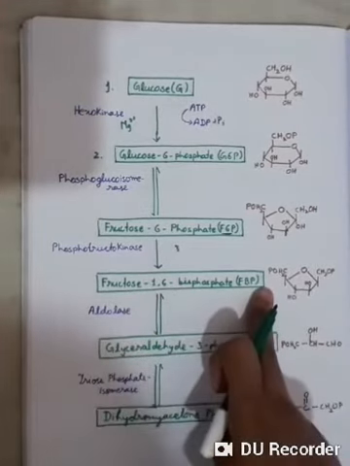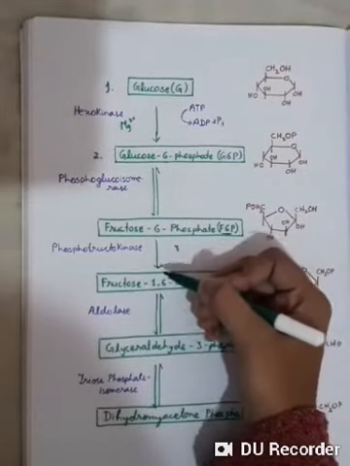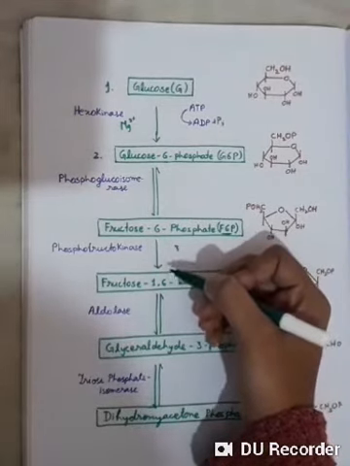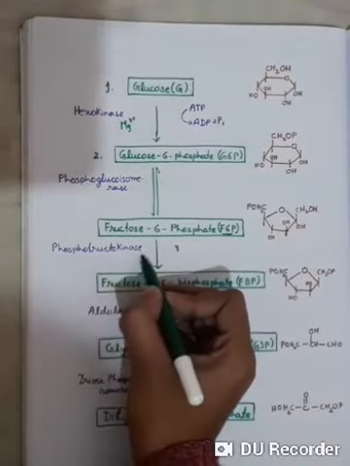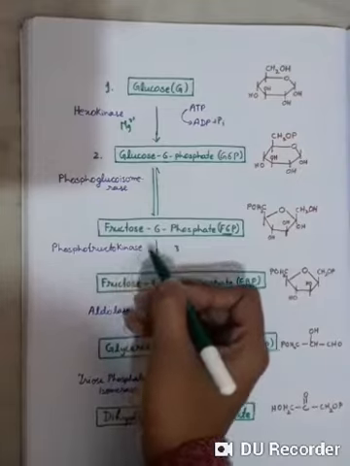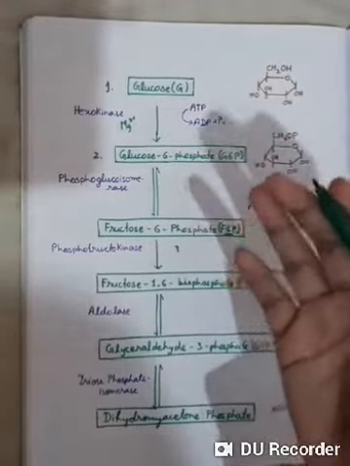And you can note that this is also an irreversible step. Here the enzyme used is phosphofructokinase. You have to remember it. Revise it again and again so that you do not forget it.